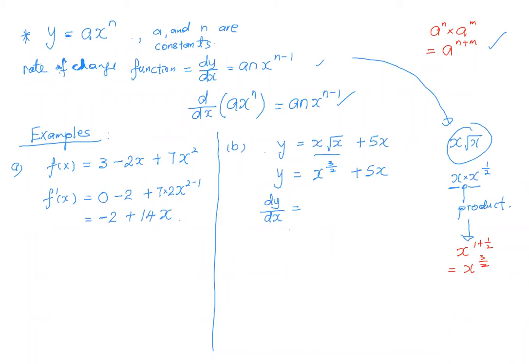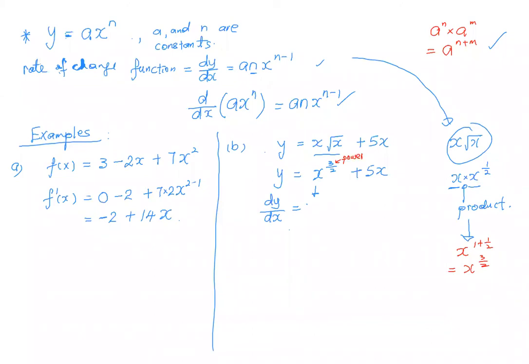Okay, so the first one, Hao Xuan, first term. You follow this formula, bring down the power. So what must I write in front here? Hao Xuan, faster. This is called the power. 3 over 2.